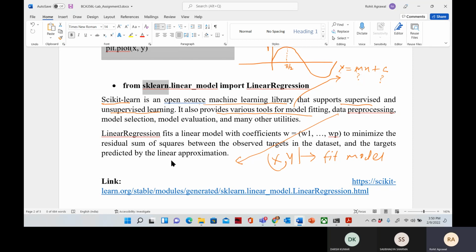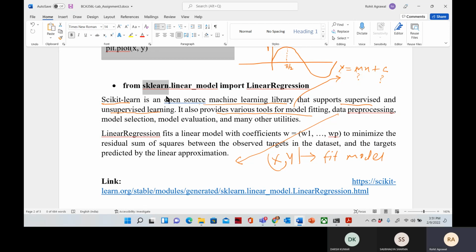So in this case we need to pre-process our data, that means transforming data from one form to another, or it may be that you need to clean your data. Pre-processing means before processing, doing some analysis or transformation, like changing from red, green, blue to 1, 2, 3, text to numeric value. So this comes under the category of pre-processing. So data pre-processing, model selection, evaluation, and many other utilities are there.